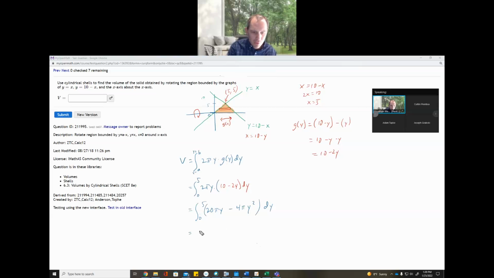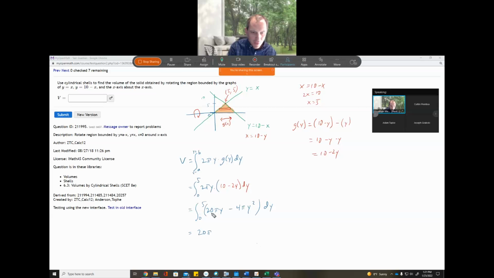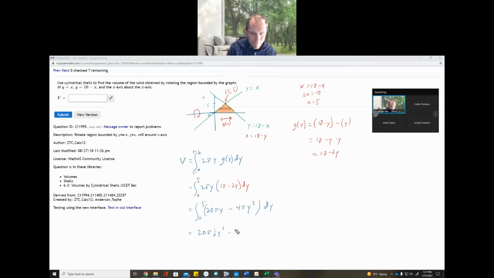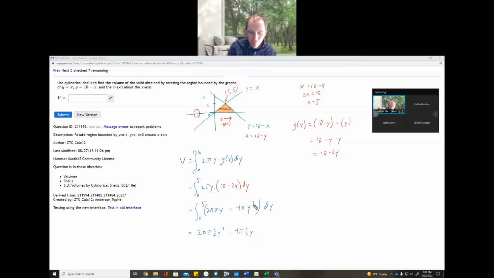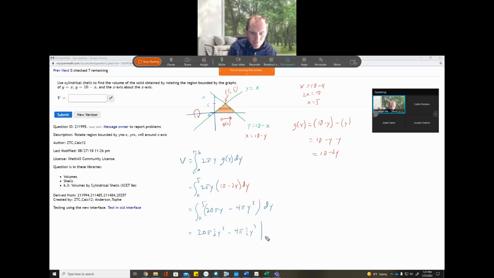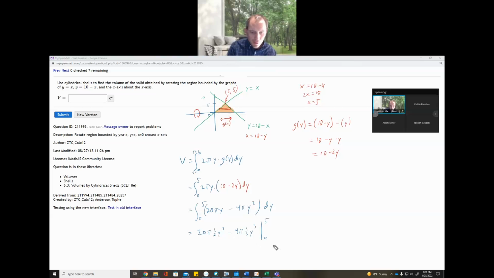Now I'm ready to integrate using the power rule. The 20 pi is a constant, it hangs out. I integrate y, I get 1/2 y squared. Okay, the 4 pi hangs out. When I integrate y squared, I get 1/3 y cubed. I'm sorry, I first said y cubed, but when I integrate y squared, I get 1/3 y cubed. And then I can go ahead and plug in. I'm going to do a little bit of algebra cleanup just to make this look a little bit nicer. 20 times 1/2 is 10 pi.